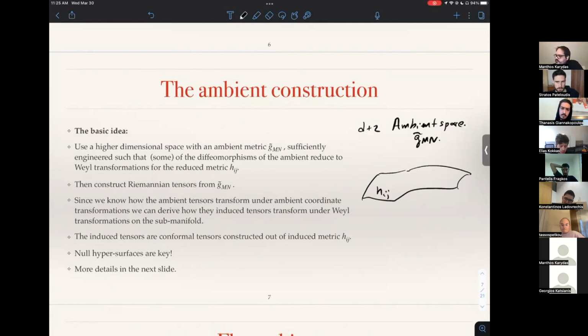The construction is sufficiently engineered so that diffeomorphisms in the ambient space, or at least some part of the diffeomorphisms, become Weyl transformations in the submanifold. So we have some kind of diffeomorphism here, which for the submanifold metric h corresponds to the usual Weyl transformation.